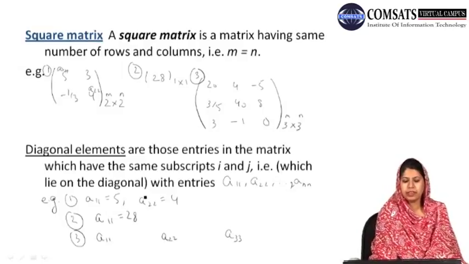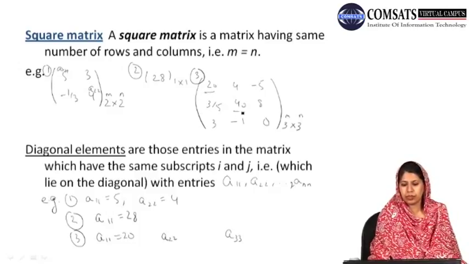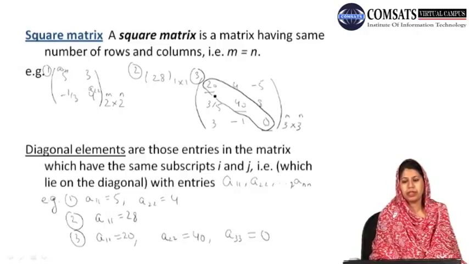If we look at our matrix, A11 is the entry in first row, first column, which is 20. Then A22 is the entry which lies on second row, second column, which is 40, and A33 is the entry which lies on third row and third column, which is 0. So basically these are our diagonal elements, A11, A22 and A33.